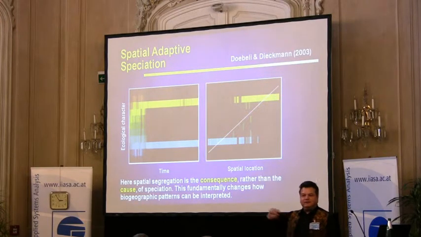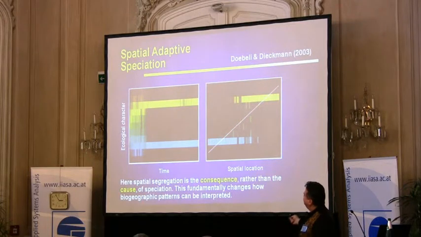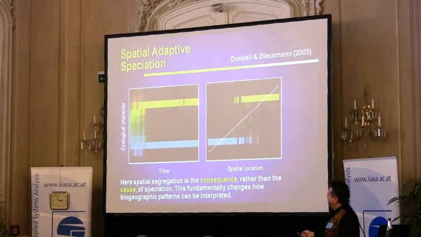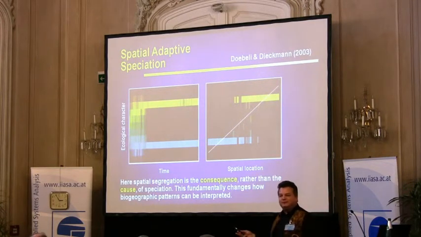Instead of the gradient getting filled continuously, we find one species exploiting the lower part of the gradient, one species exploiting the upper part, and they have a primary hybrid zone in between. Now here spatial segregation is the consequence, rather than the cause of speciation. And that makes the whole interpretation of biogeographic patterns much more interesting and much more complicated.